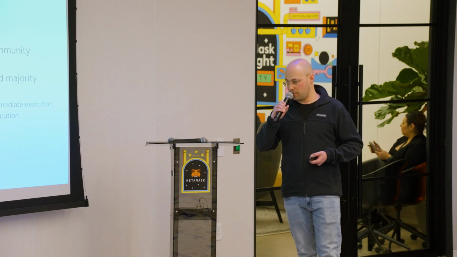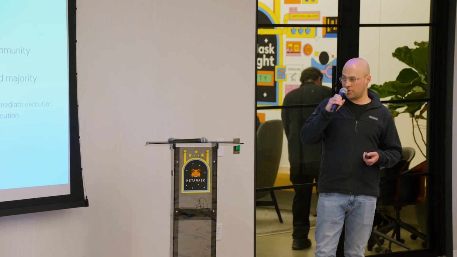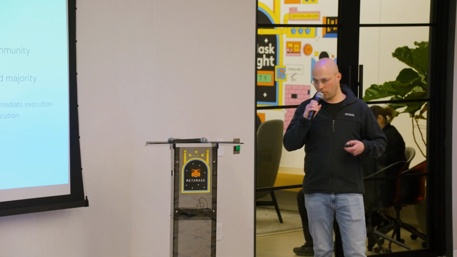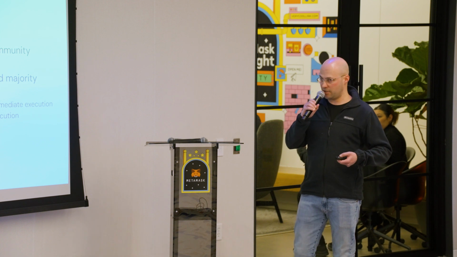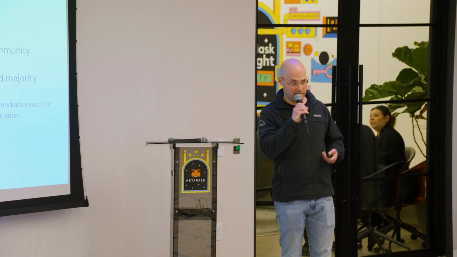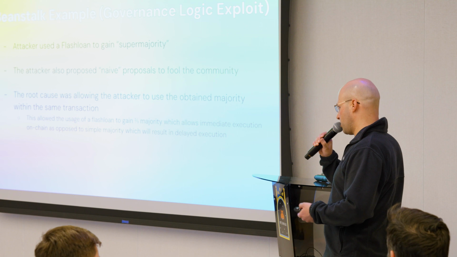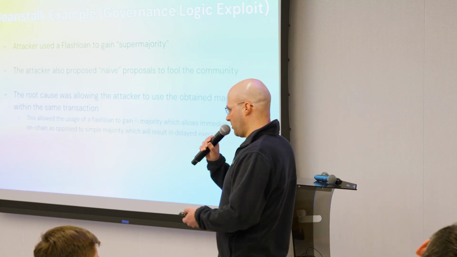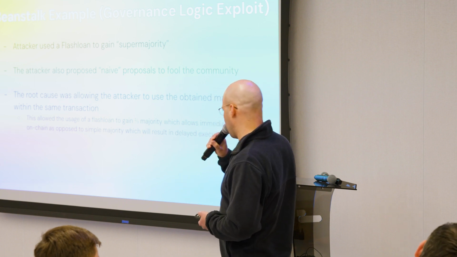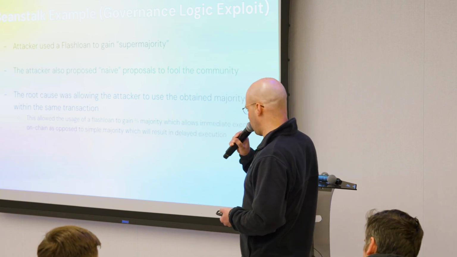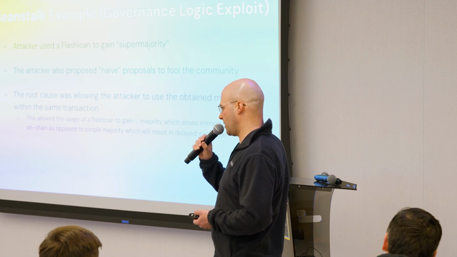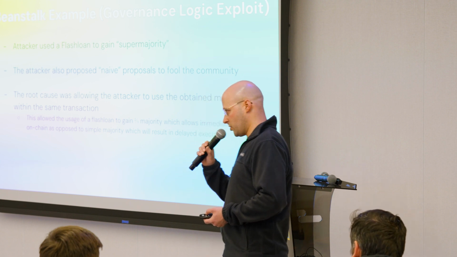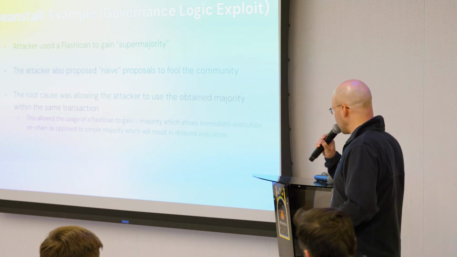And the problem with that process is that Beanstalk basically allowed both the vote and the execution of the vote in the same transaction. So the hacker got a majority through a flash loan. They didn't need to repay it because the execution of the vote to transfer the funds to them was in the same transaction, and they were able to manipulate the governance, which, again, limiting it to a two-stage governance proposal would have solved.